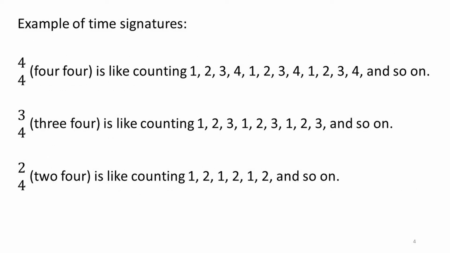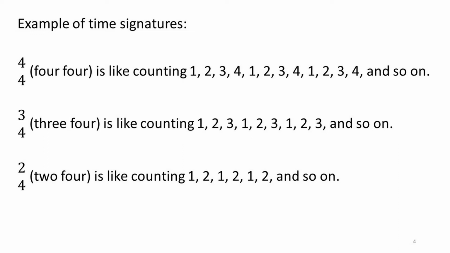For example, 4/4 time signature is like counting 1, 2, 3, 4, 1, 2, 3, 4, 1, 2, 3, 4, and so on. This type of meter is commonly used in pop songs.